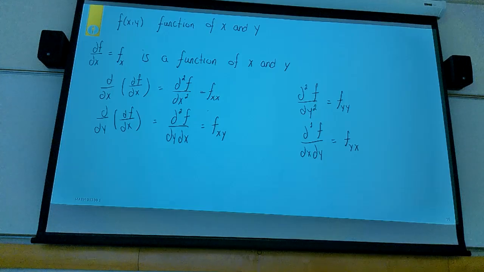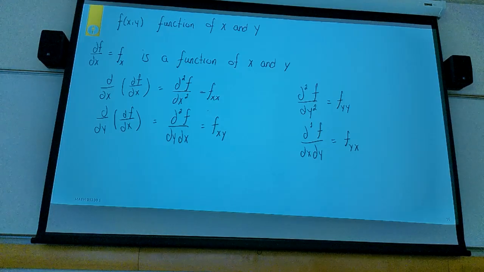Clairaut's theorem states the order in which you take a mixed partial doesn't matter. That means your two bottom ones are identical. But we can keep going.